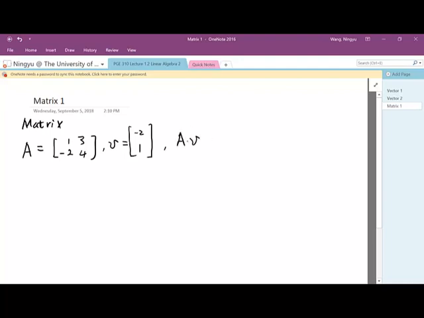1, 3, minus 2, 4 times minus 4, 1. This will equal, the first row multiplied by the first column, which is 1 times minus 2 plus 3 times 1.